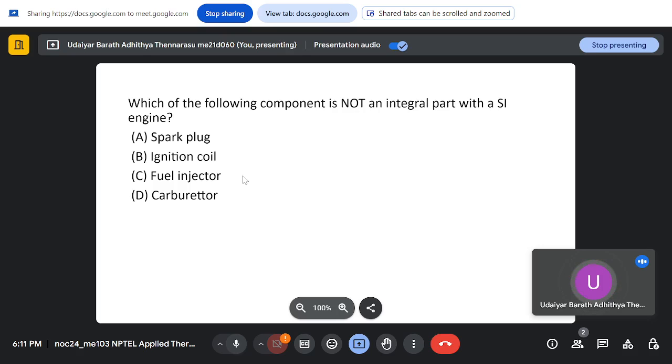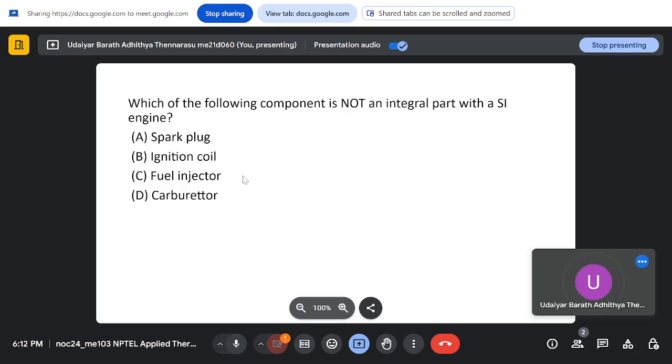This is used in a diesel engine, or now we have gasoline injection also, but this fuel injector injects fuel into the combustion chamber, where only air is taken in and fuel is injected when a sufficient temperature and pressure is reached, and that creates a combustion. So that actually is not required for a spark ignition engine.